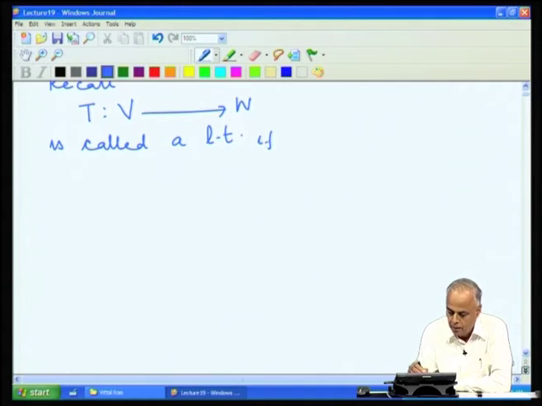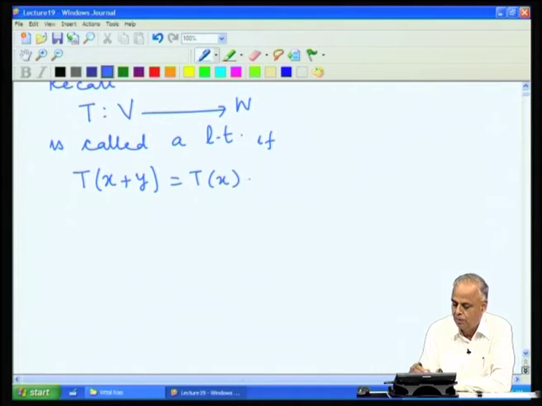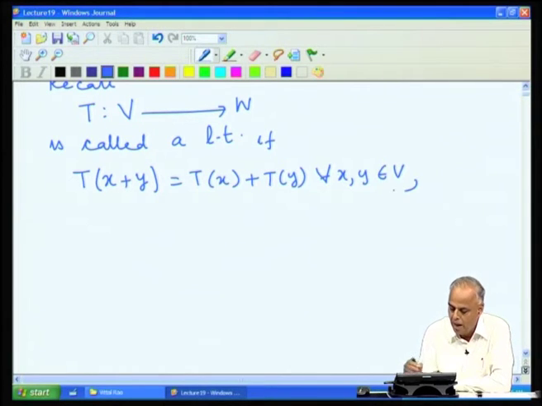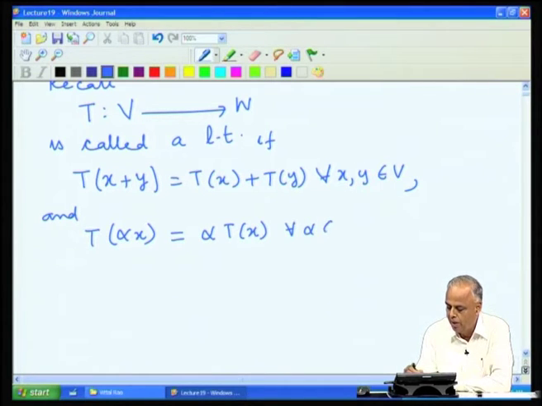If it preserves addition, T of x plus y is T of x plus T of y for every x, y in V, and it preserves scalar multiplication: T of alpha x is alpha T of x for every alpha in F and for every x in V.